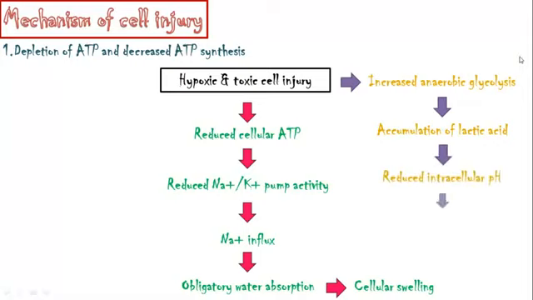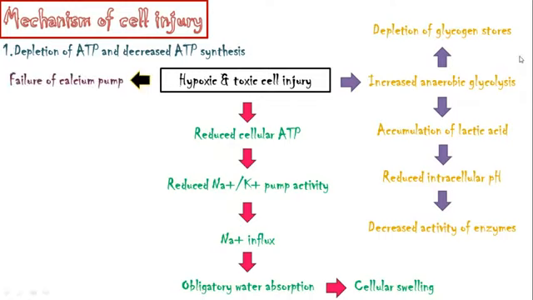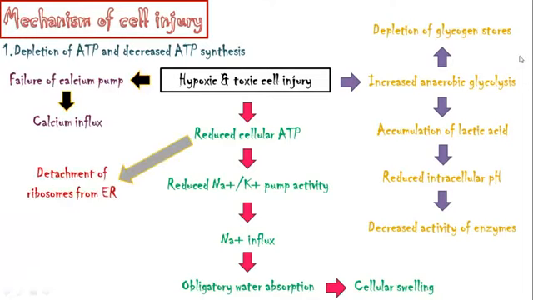This results in reduced enzymatic activity. Anaerobic glycolysis tends to use up the glucose derived from intracellular glycogen stores. As a result, depletion of glycogen stores occurs. Reduced ATP level also causes failure of calcium pumps, resulting in excessive calcium influx. With further ATP depletion, ribosomes start to detach from the endoplasmic reticulum, causing reduction in protein synthesis.